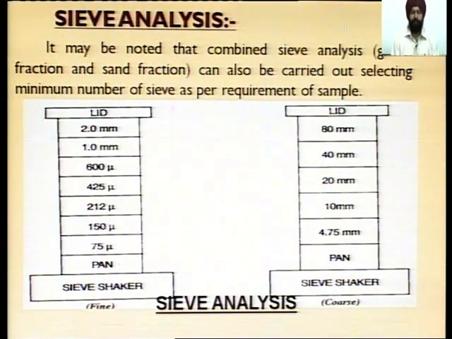Last is provided the pan. So, this is a set of fine sieve analysis, and the same in the coarse sieve analysis is 80 mm, 40 mm, 20 mm, 10 mm, 4.75 mm, and last the pan is provided. So, these are the sieve shaker sets.